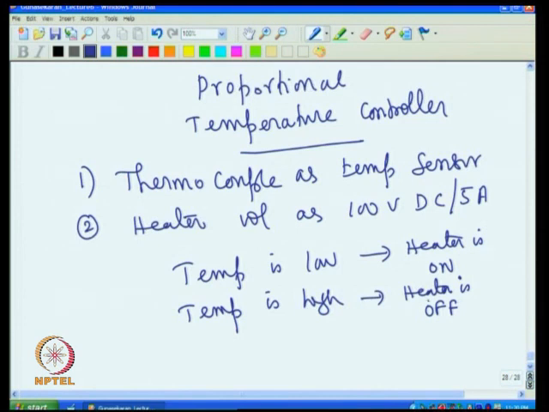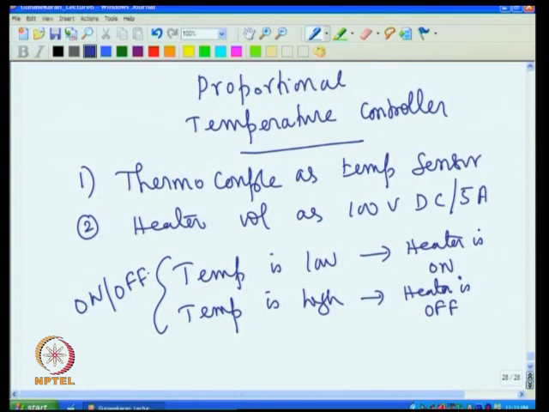We also had shown there is a small region wherein you will have a hysteresis, that is, on at one temperature and off at a different temperature, that we had seen in the previous class. But if we have this kind of on-off controller, you cannot get very good temperature stability.